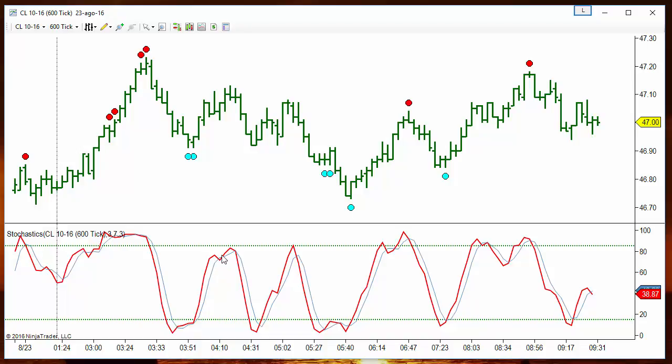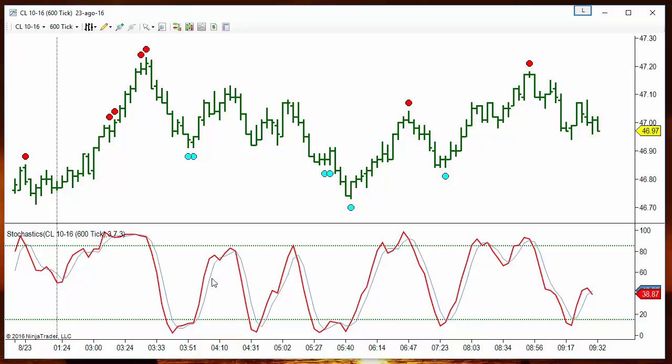We only must take into account the sell signals because we are in the overbought area. And in the oversold area, here we have several crossovers. We only should take into account the buy signals.